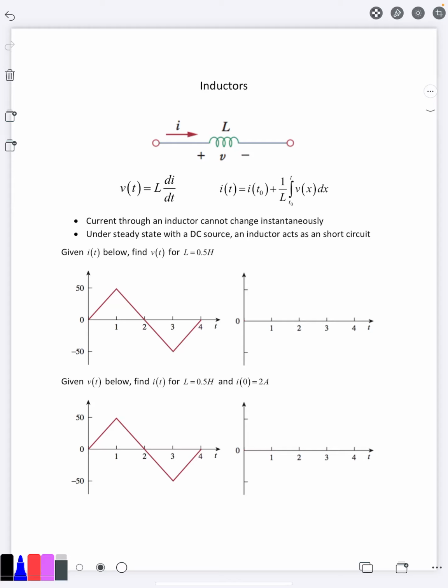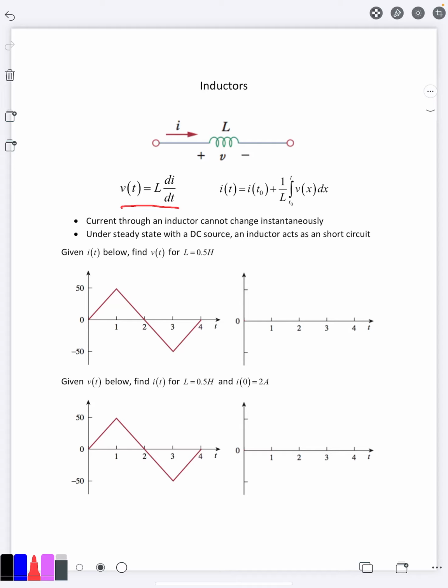In particular, for the inductor, the voltage is equal to the inductance times the derivative of the current. So you're used to V equals IR. Here it is V equals L times the derivative of I. Very similar, but that derivative does make things more complicated.